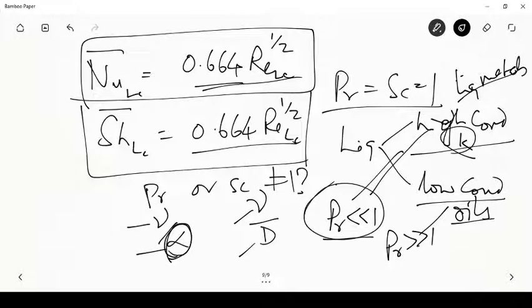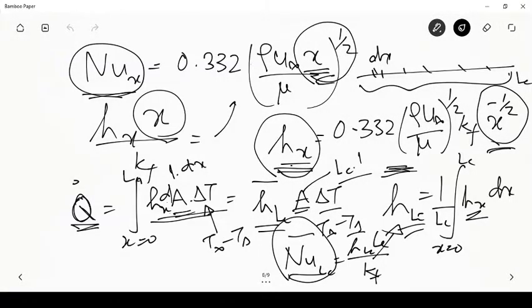What happens when these things happen? In the case of Prandtl number equal to Schmidt number equal to 1, look at the thickness delta for velocity to reach from 0 to u infinity, the value delta T, which is the thermal boundary layer thickness, for the temperature to reach from Ts to T infinity, or for that matter delta C, the thickness required for the concentration to go from Cs to C infinity.